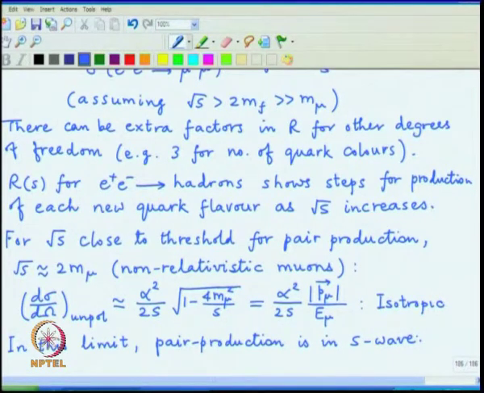Generically, if you remember the non-relativistic scattering theory in quantum mechanics, the cross section behavior goes like momentum raised to power 2L plus 1. In this case, L is equal to 0, and this is just proportional to the magnitude of the momentum, and that is all which appears.